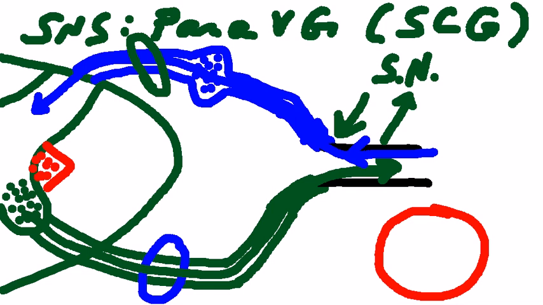Now, this red circle that I've drawn here is meant to be one of the sympathetic chain ganglia. And since it's a ganglion, it has to be a collection of postganglionic cell bodies, which I'm drawing in here in red.